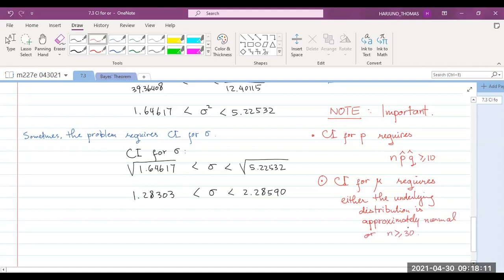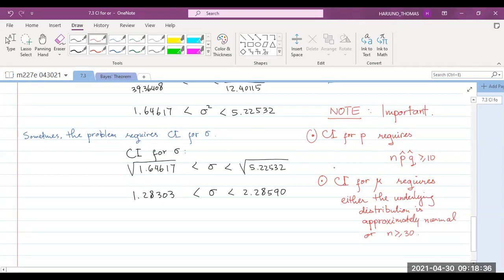Basically, you need the central limit theorem. In fact, even if the underlying distribution is approximately symmetric, it's good enough, as long as your sample size is pretty big. Even if your underlying distribution is not symmetric, not normal, as long as your sample size is greater than 30, the larger the better, then this model will work.